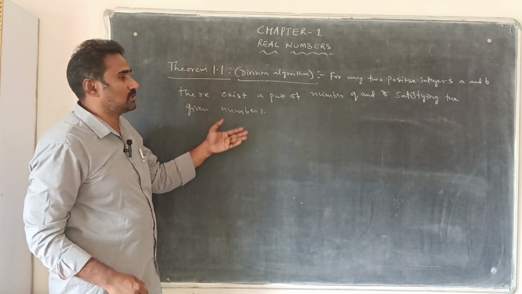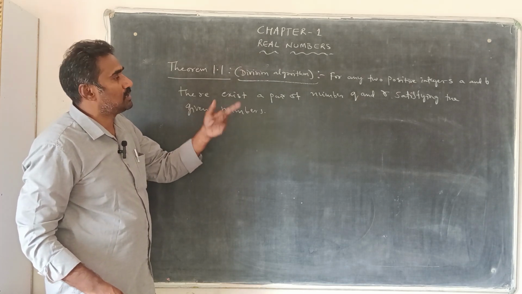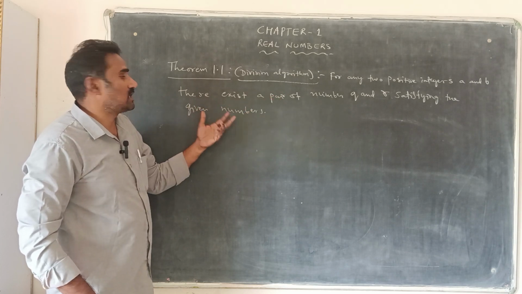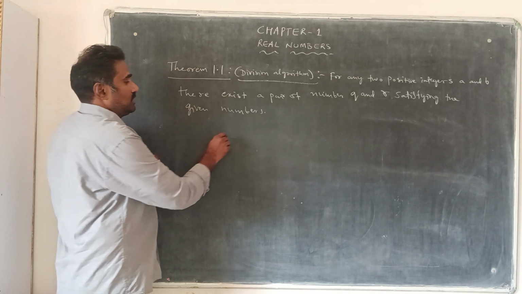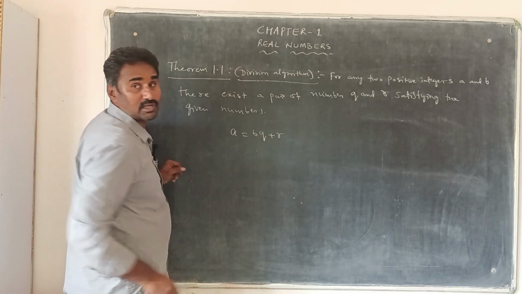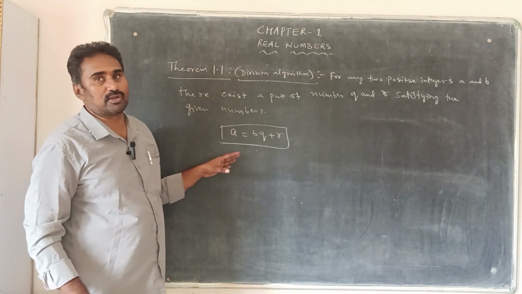Generally, you know, division means divisor into quotient plus remainder. That is how to write it. For any two positive integers there exist numbers q and r such that a is equal to bq plus r. So this is called the division algorithm.